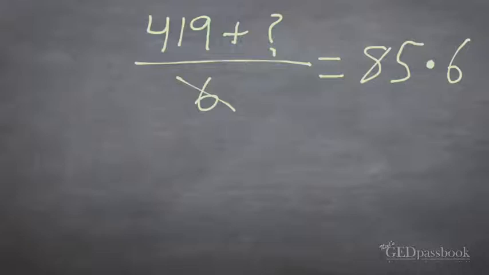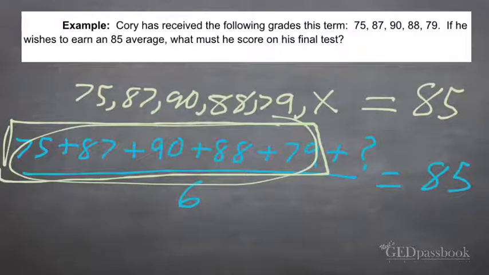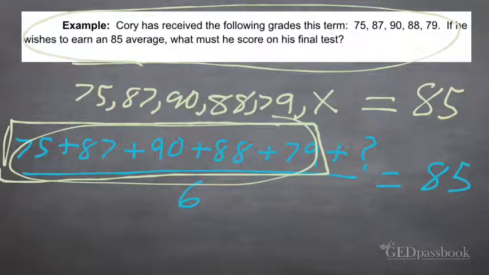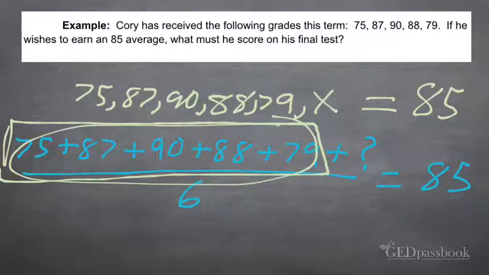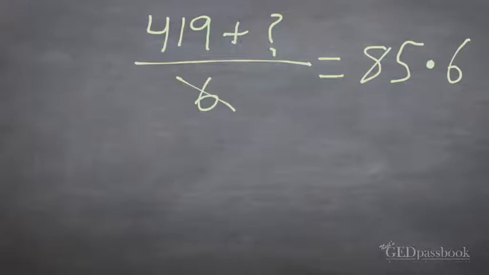We're still using the same example up here. We're trying to find his missing score, his missing question mark. This is step number 2. Step number 1 was add up all the numbers that we got so far, right?